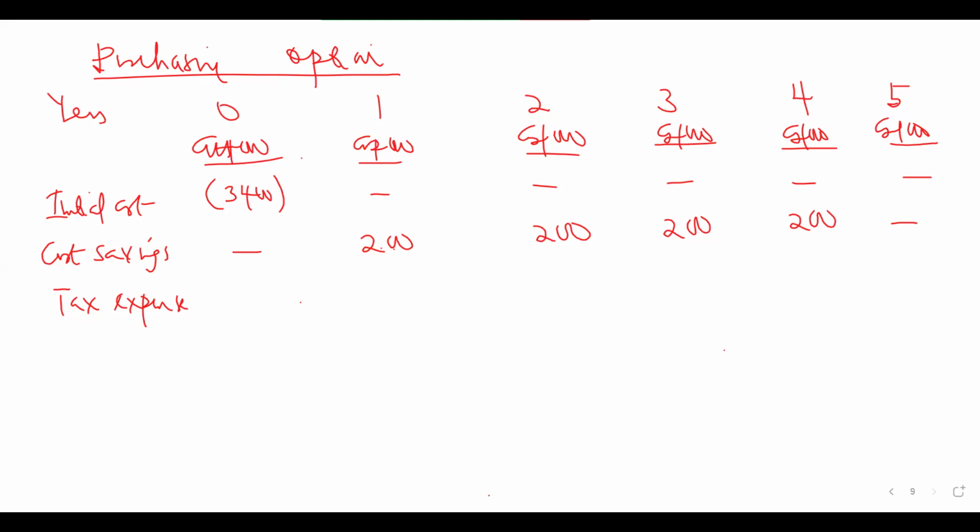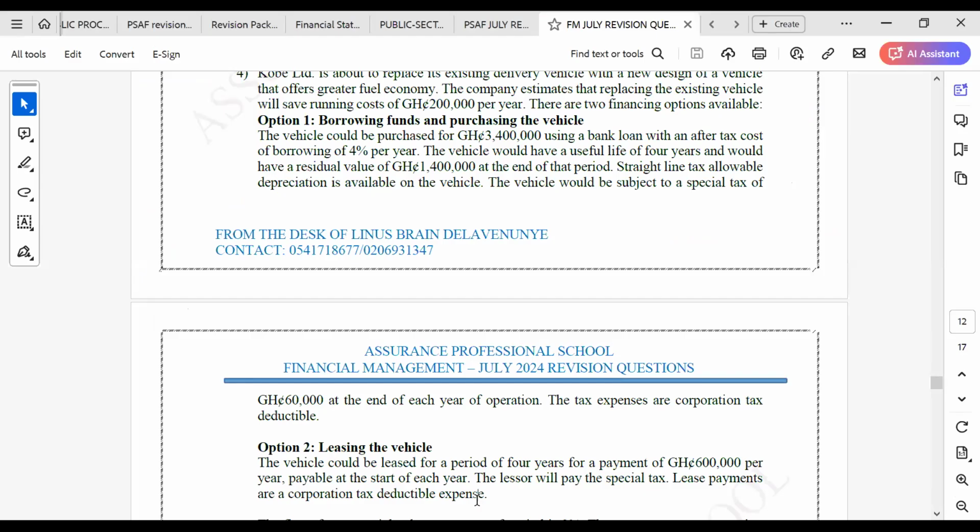That 60, we are going to be paying a special tax of 60 every year also. That will give us a total of what? 120.